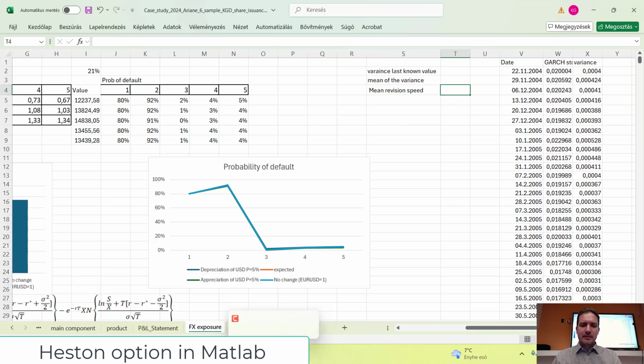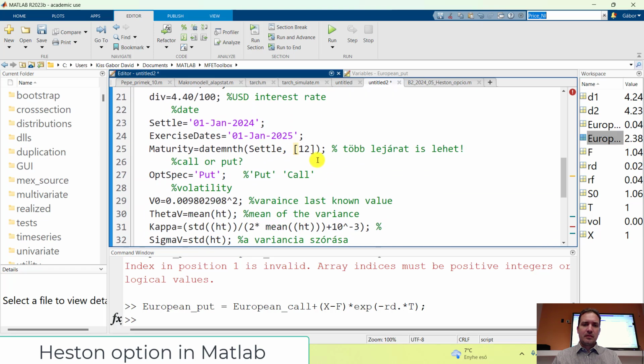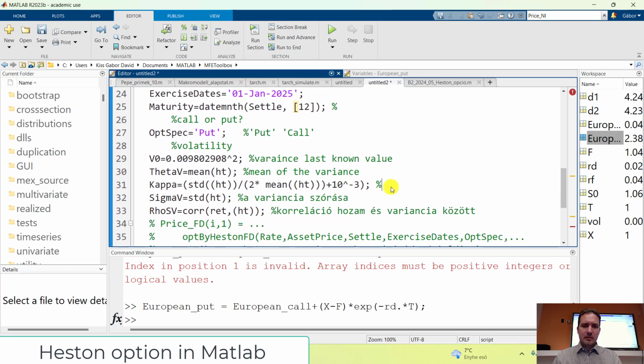So mean reversion speed, so volatility of volatility, STD of variance, and correlation between returns and variance. So still we need returns as well.